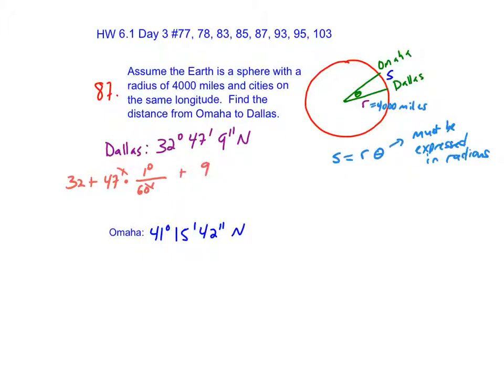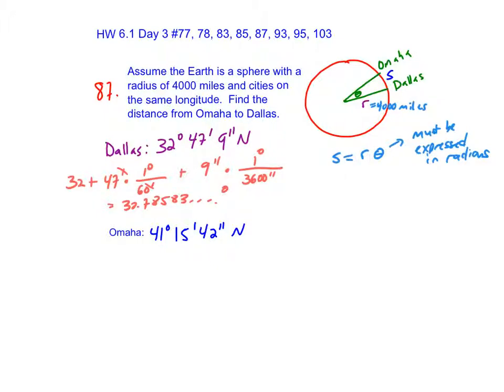And then I have 9 seconds, and the conversion factor I'm going to use here is that there are 3,600 seconds in 1 degree. That's because there's 60 minutes in a degree and 60 seconds in a minute. And if we add those up, that'll give us 32.78583, and I would keep that value in my calculator.